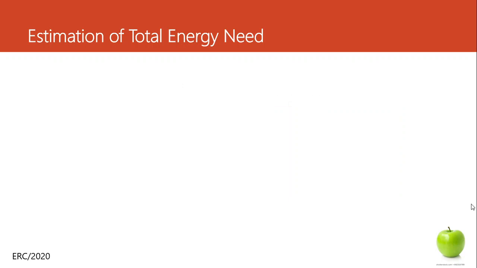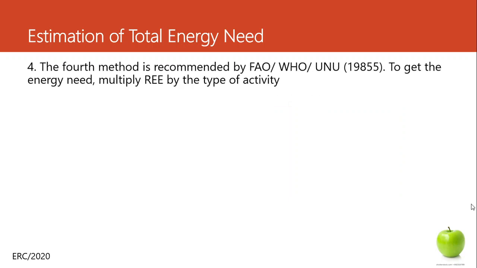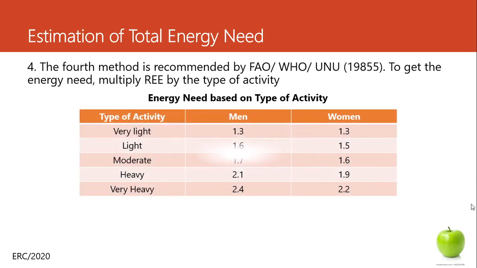Okay? So, last, the fourth method is recommended by the WHO and the Food and Agriculture Organization. To get the energy need, multiply the REE by the type of activity. So, energy need based on the type of activity. For the very light, we have 1.3. For the light, we have 1.6. Moderate, 1.7. Heavy, 2.1.